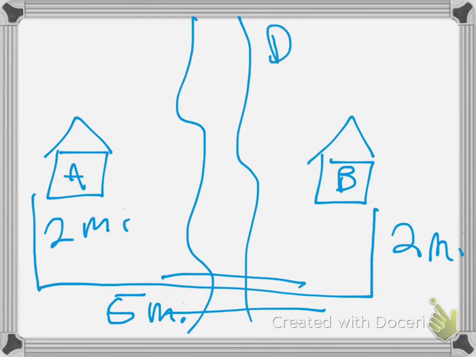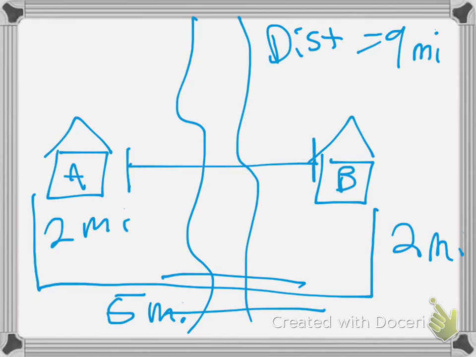Okay, so his distance would be 9 miles. But his displacement is just the shortest distance from where he started to where he ended. So this distance here, which we know is 5 miles, would be his displacement. Okay. So you can see how they are different from each other.